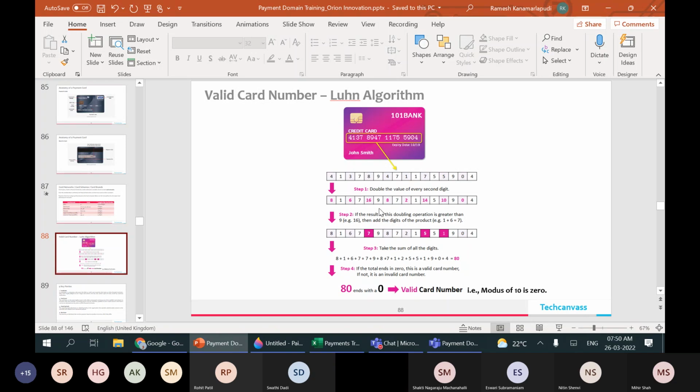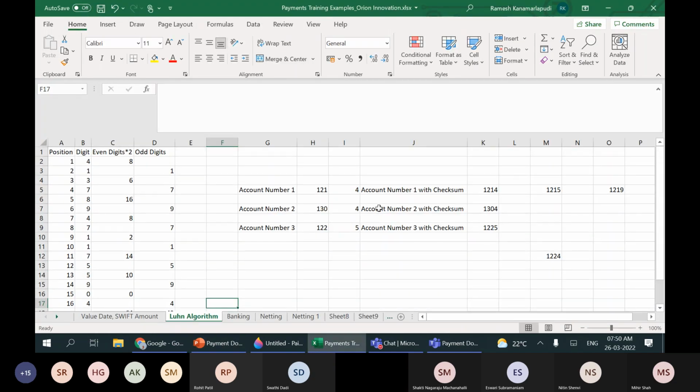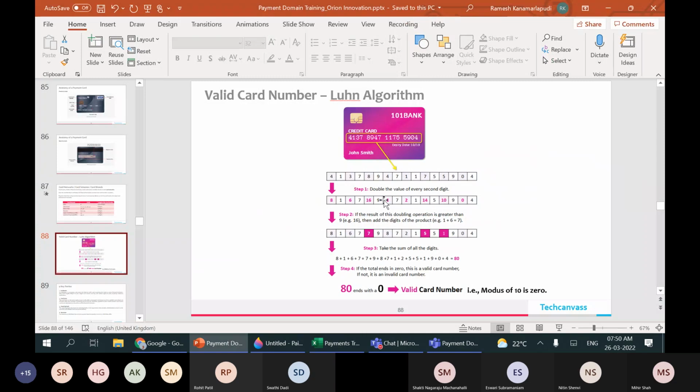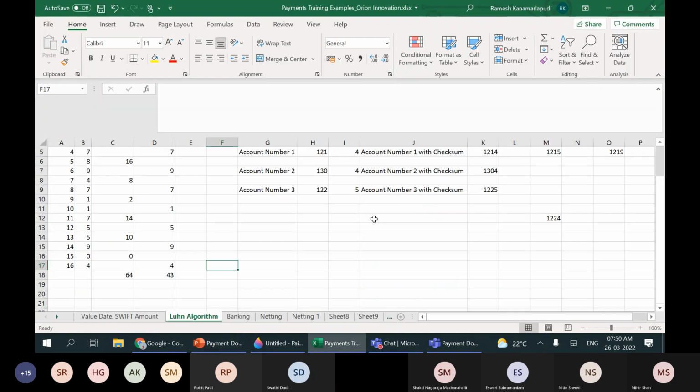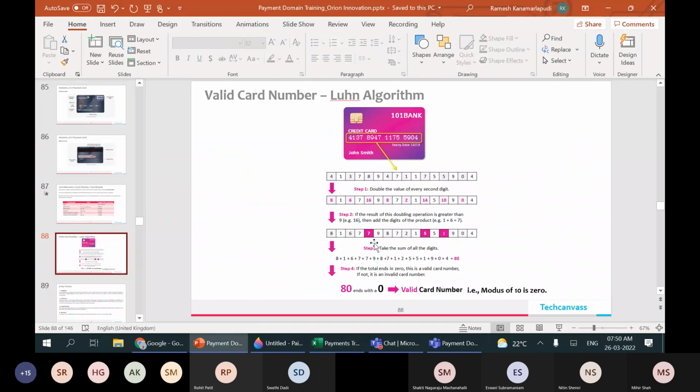Eight, 6, 16. 8, 2, 14. 0. And then the 1, 7, 9, 7.